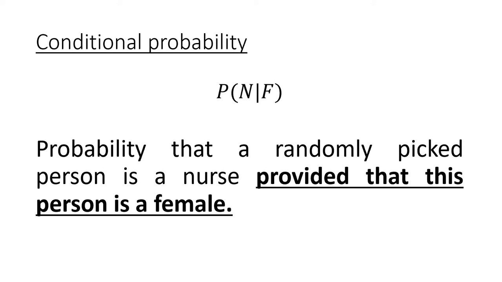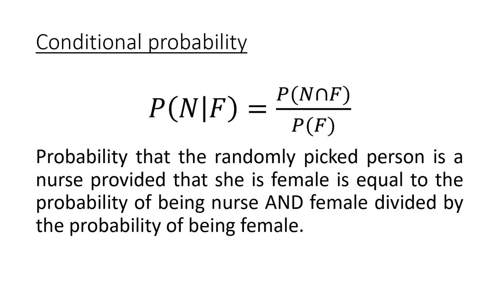So you remember at the beginning of this video, I told you that conditional probability is all about probability you calculate keeping some prior information in mind. So in this case, we have this prior information. We know that person is female. And based on this, we have to figure out that this person is a nurse. And this is the formula.